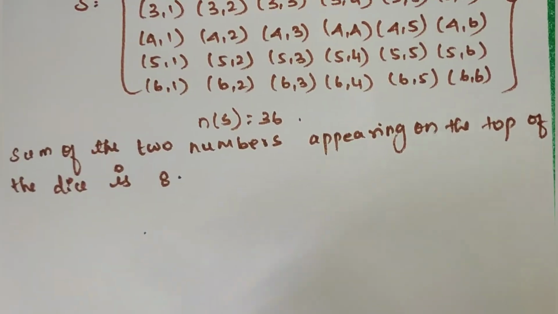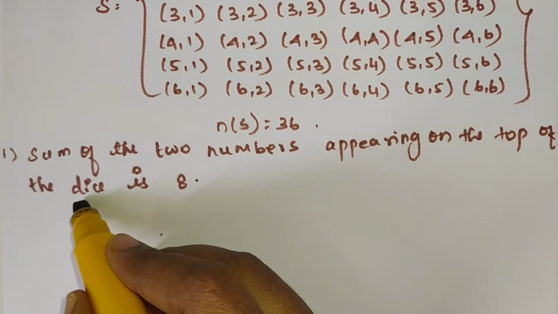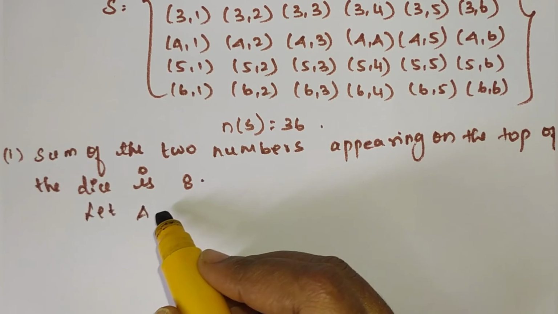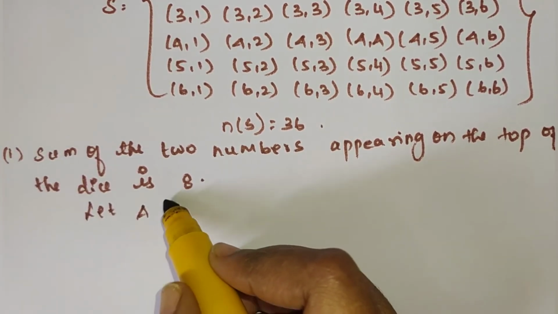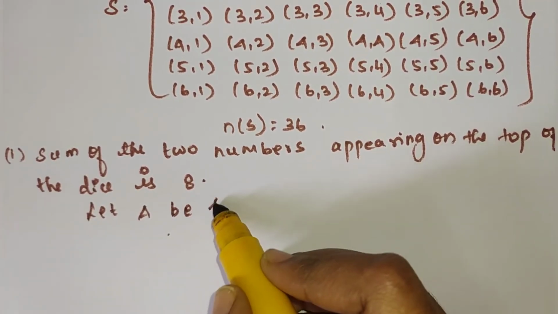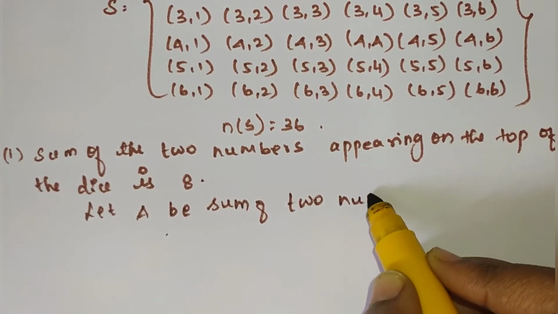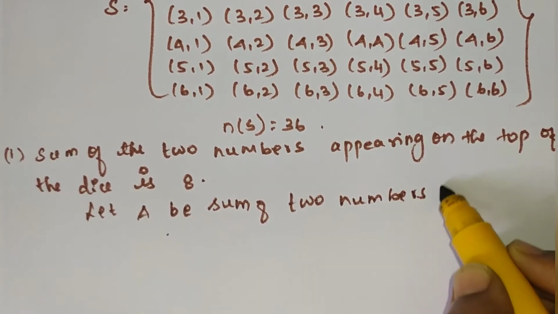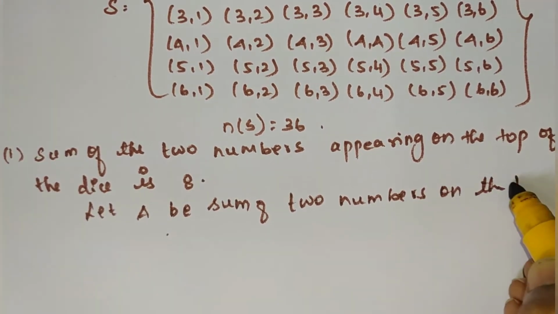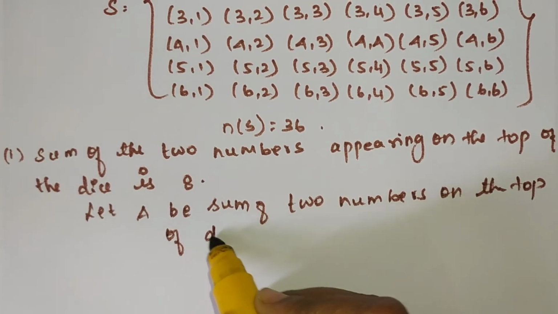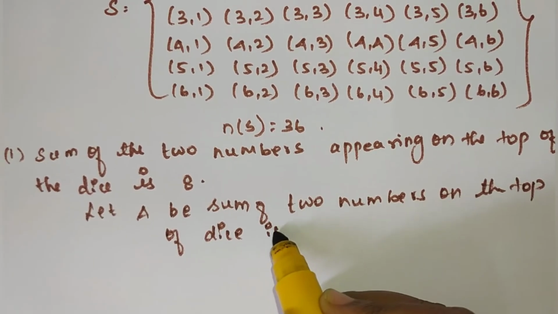The sum of that number is 8. So that only first we are going to find. Let A be the sum of two numbers on the top of the die is 8.